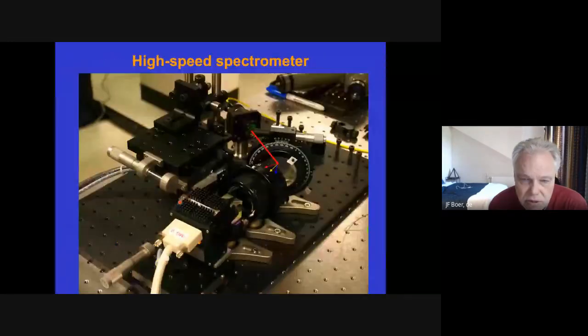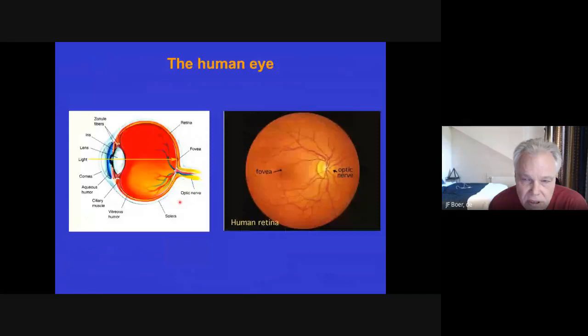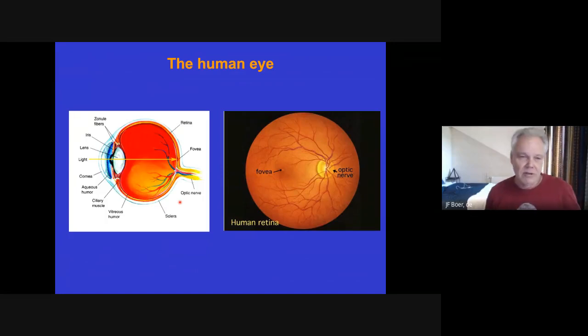I'm going to skip the details of this, and I'm going to go to some examples of what you could do now with it. First of all, we're going to look at the cross section of the eye. These are well-known structures of the eye. Here you have the cornea, here you have the lens, and here you have the retina itself.